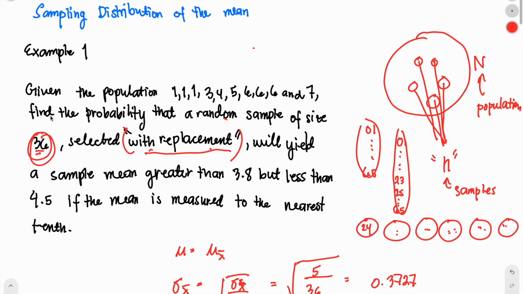Remember that what we are looking for is the probability that a random sample of size 36 selected with replacement will yield a sample mean greater than 3.8 but less than 4.5, if the mean is measured to the nearest tenth. So we're not yet over.